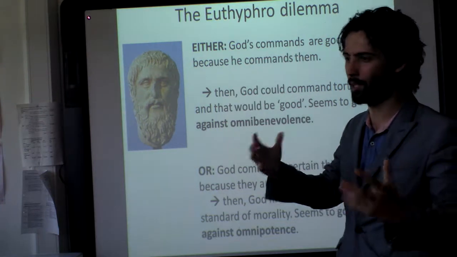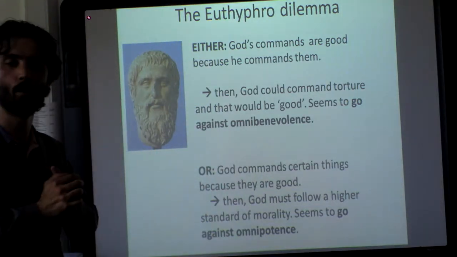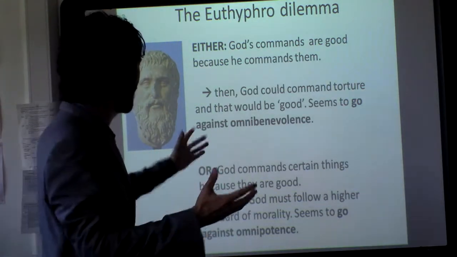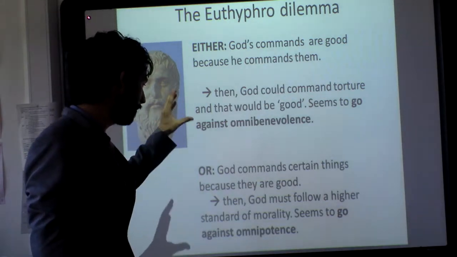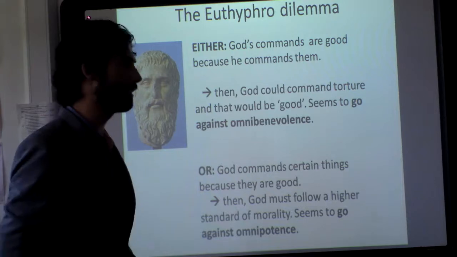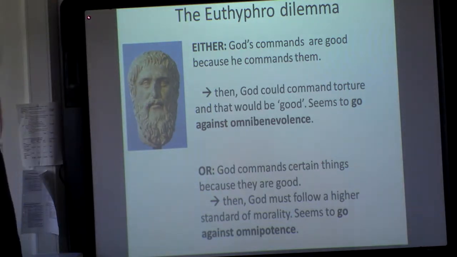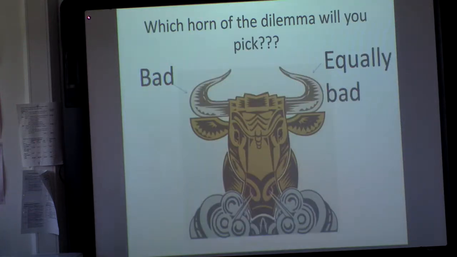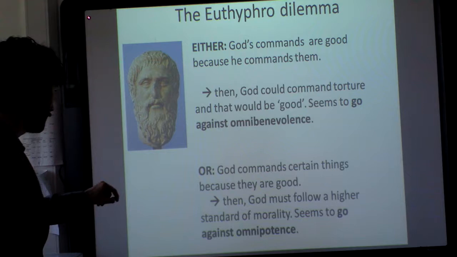He's not supreme, he's not majestic if he has to follow a higher law over which he has no control. So again, it looks like we're in a situation where we have to pick omnibenevolence or omnipotence, and we can't have both. And that's a problem because we want both. So you have two options. You can either grasp the first horn or the second horn.